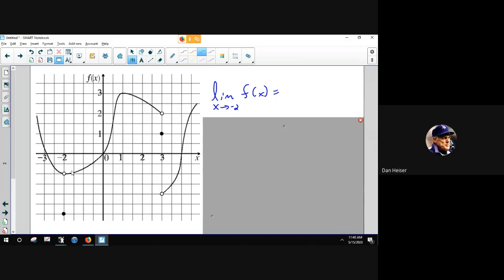What are we approaching? What is y actually approaching as it gets close to that? What is y approaching when we go from this way? We are approaching -1 again. We're not going to get there, but what are we approaching? So the limit is -1.